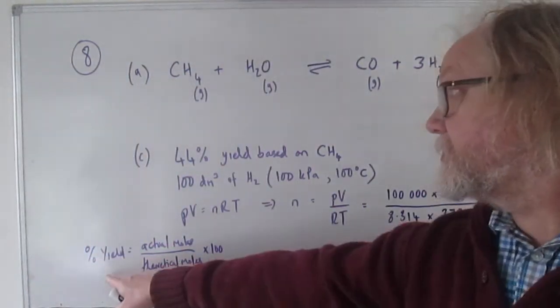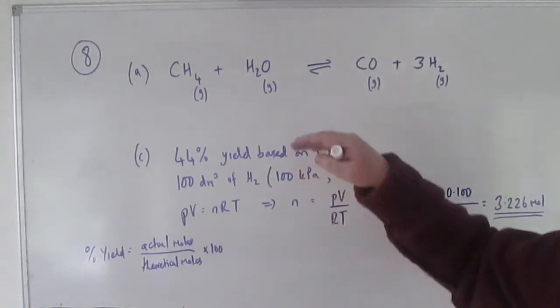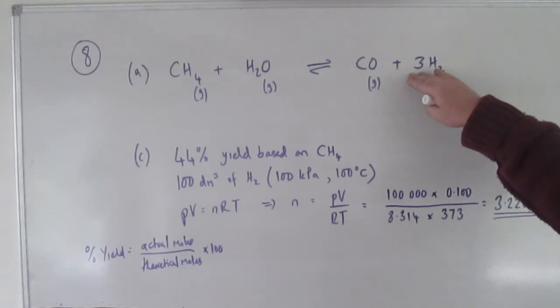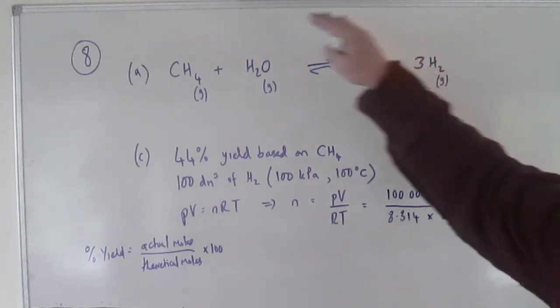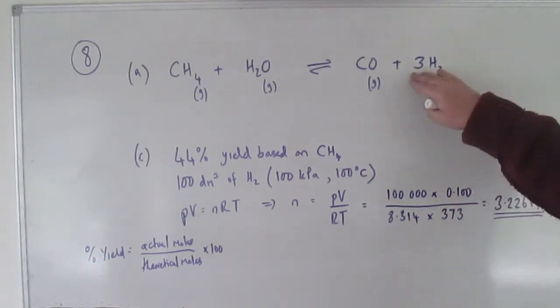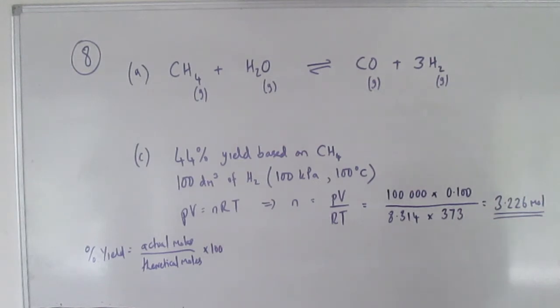So we know what the percentage yield is because it tells us it's 44%, and we know what the actual moles we want to produce are because that's what we've just worked out. So what we need to calculate are the theoretical moles, because from this equation we know that theoretically for each 3 moles of hydrogen you need 1 mole of methane. So if we can work out what the theoretical moles of hydrogen will be, we can back calculate what the moles of methane would need to be. So that's going to be the strategy.